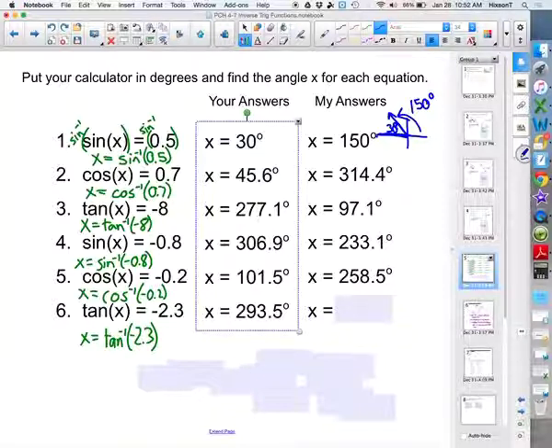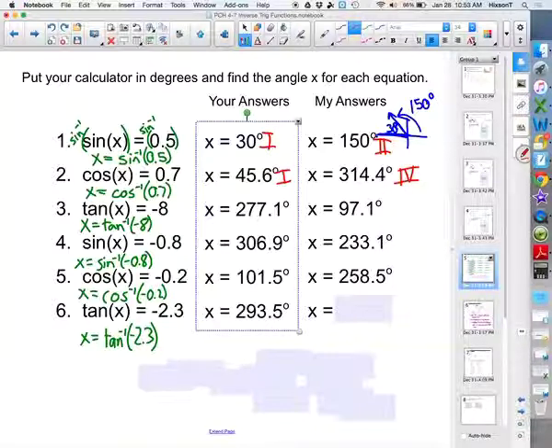Yeah. Okay? So, as you're solving these, you need to identify what quadrants you need. Sine is positive in the first quadrant and in the second quadrant. Cosine is positive in the first quadrant and in the fourth quadrant.